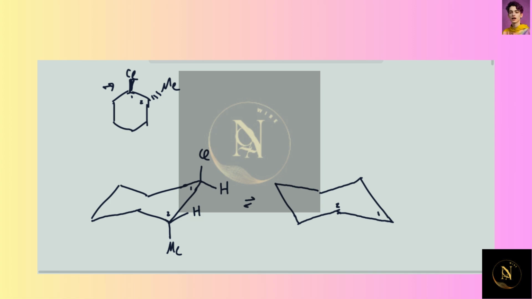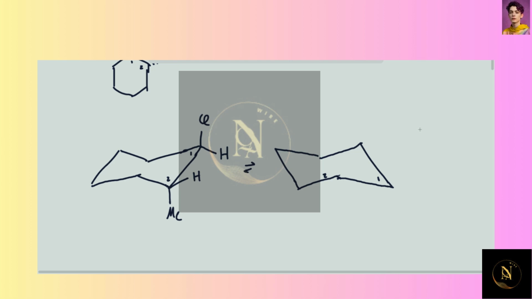I get that 2 out of the way though, because it gets in the way of the axial substituents. Now we know that at carbon 1, we have an axial substituent that will point down, and an equatorial substituent that will point up and to the right. We know chlorine should be the higher of the two, and hydrogen should be the lower of the two. And for carbon 2, we'll have an axial up and an equatorial down and to the right. And hydrogen should be the higher of the two, and methyl the lower of the two.